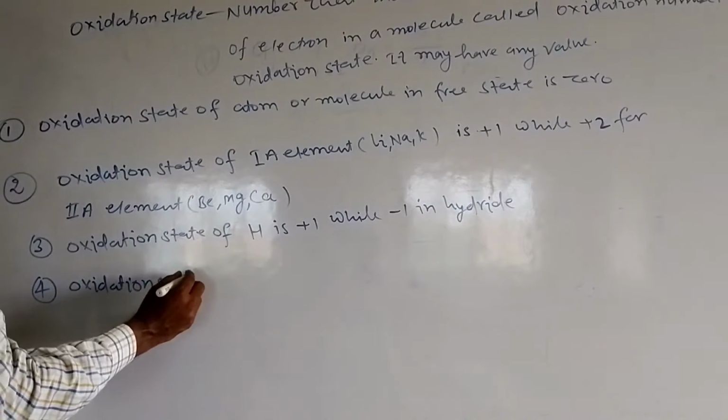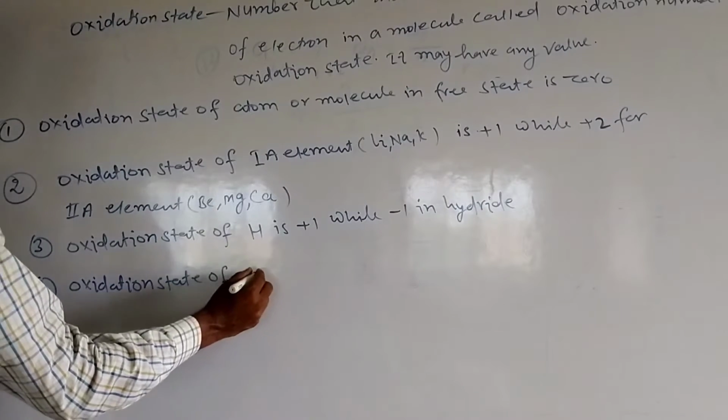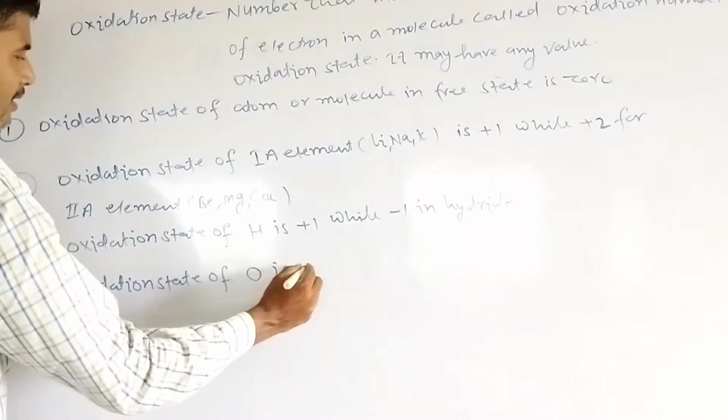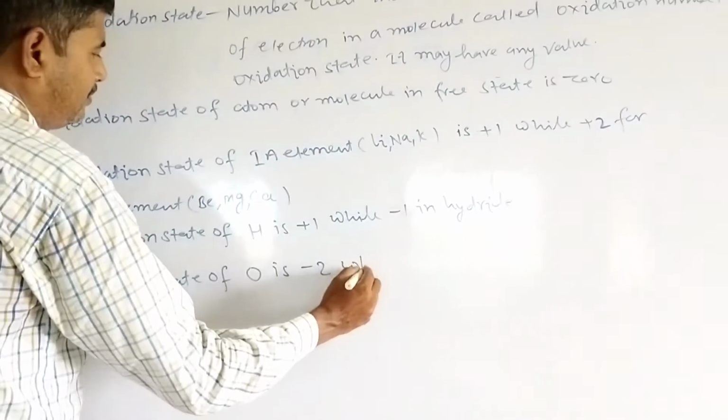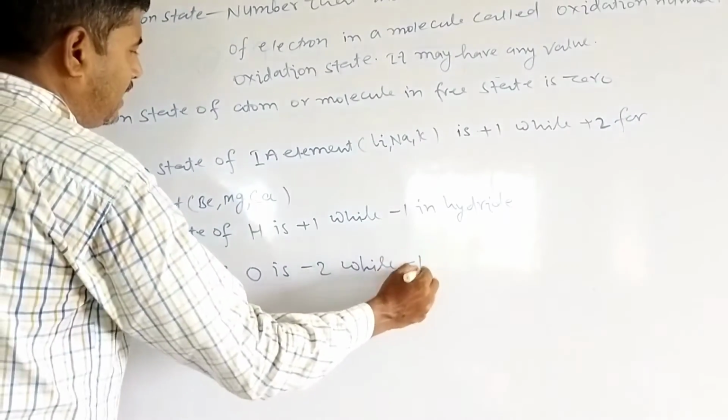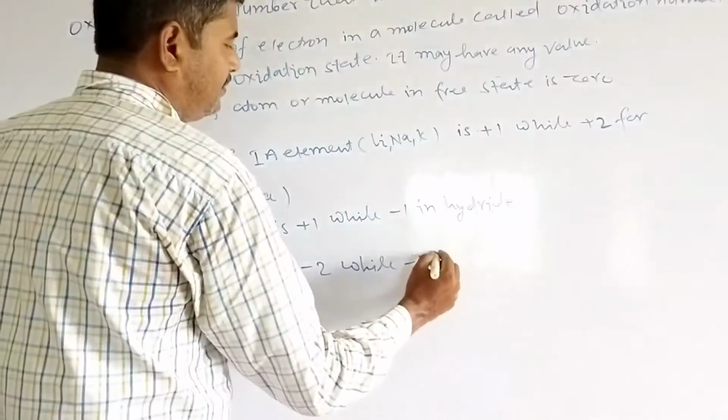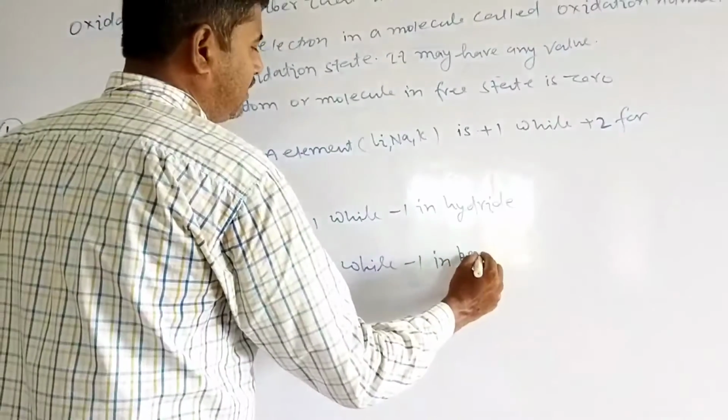Oxidation state of oxygen is -2, while -1 in peroxide.